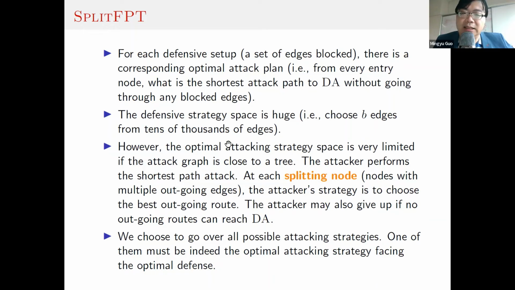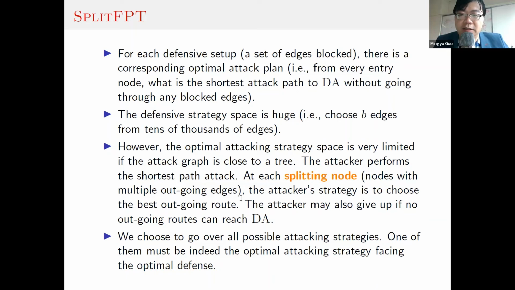But on the other hand, the attacking strategy space is actually very limited. Because if the graph is close to a tree, then the only choice for the attacker is to figure out what he should do at the splitting nodes. The splitting nodes are nodes with multiple outgoing edges. If a node has only one outgoing edge, the attacker can only go via that edge.